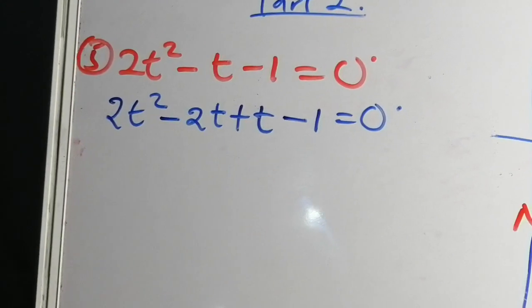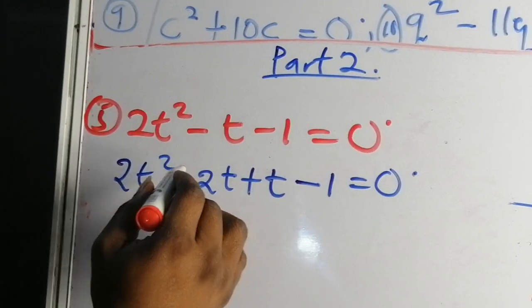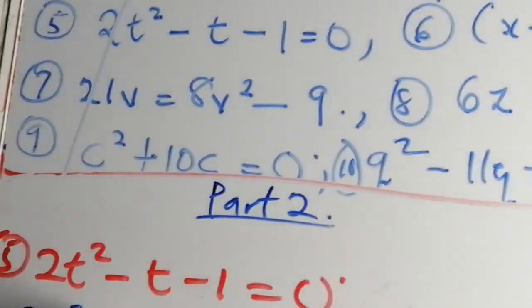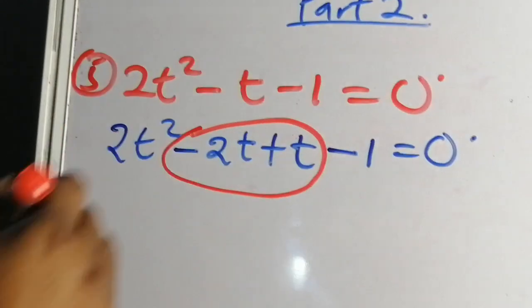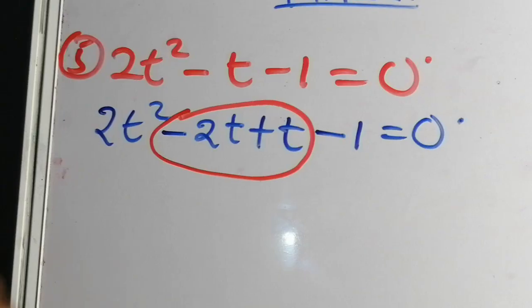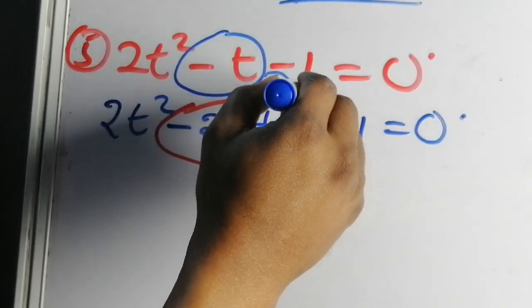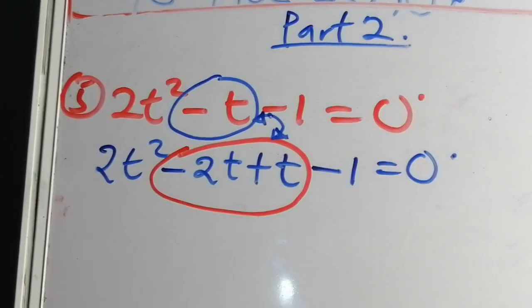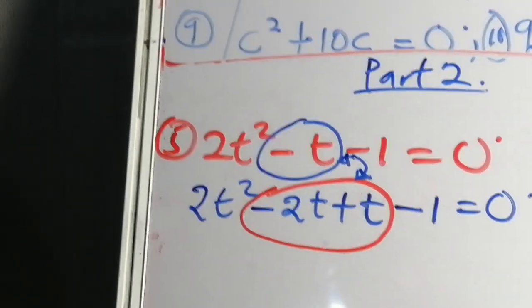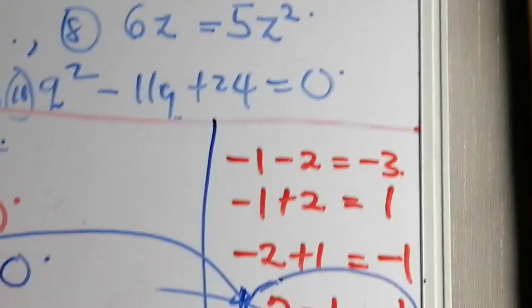So this part here, let me use another color. This part here is the same thing as what we have here. Okay, they are the same thing, so they are equal. So I've been able to simplify it using this note 2, using this method.